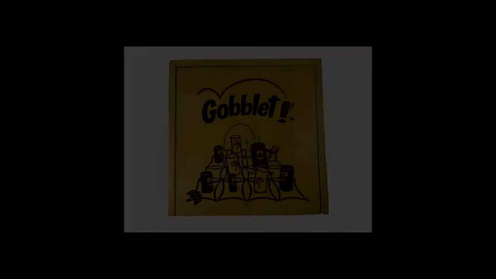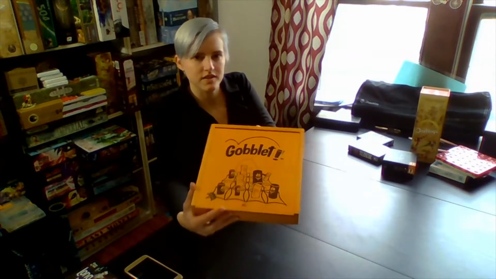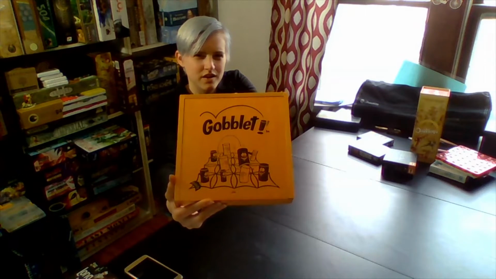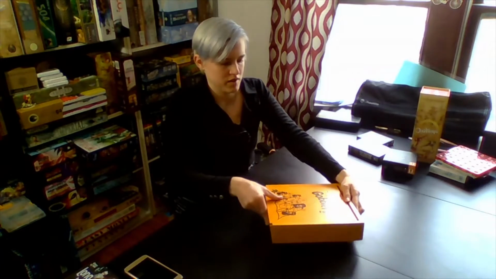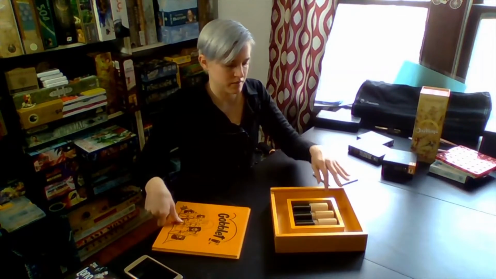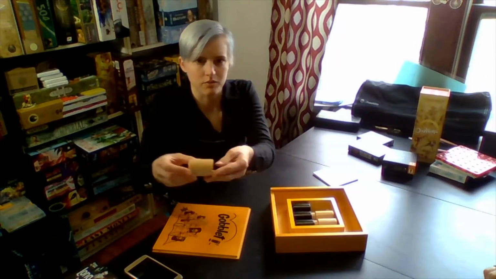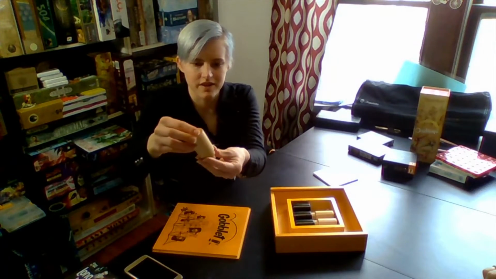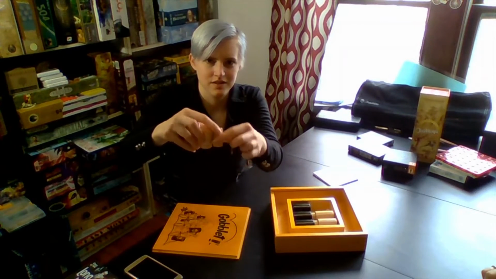So the first one we can talk about is Goblet. This is Goblet. I think they make a more colorful version too, but this is the kind that I have. The box opens up and the pieces are in here. There's some really beautiful pieces. These are nested pieces.